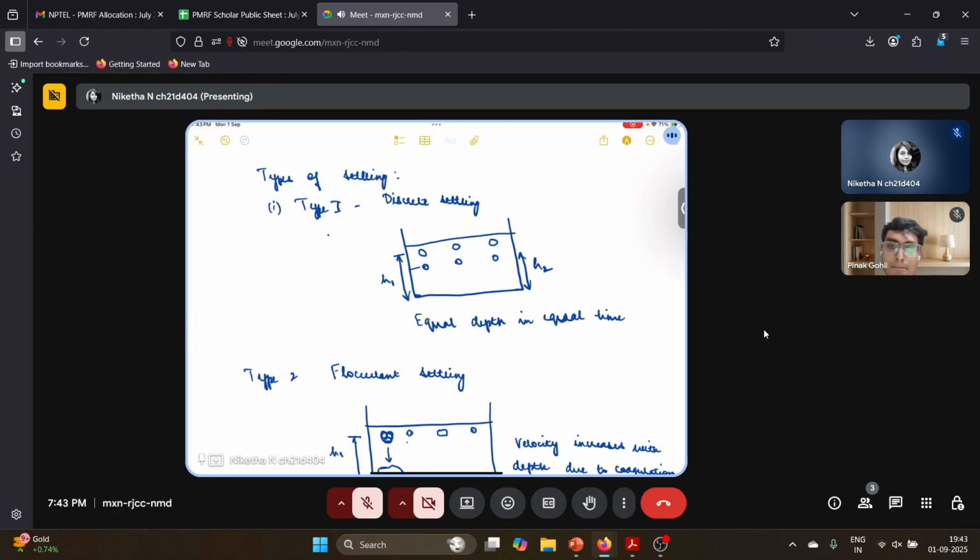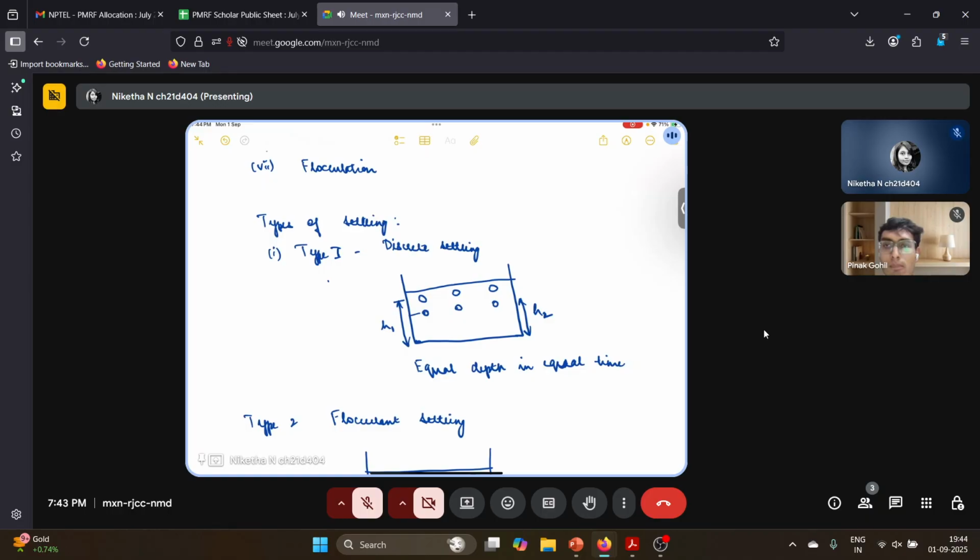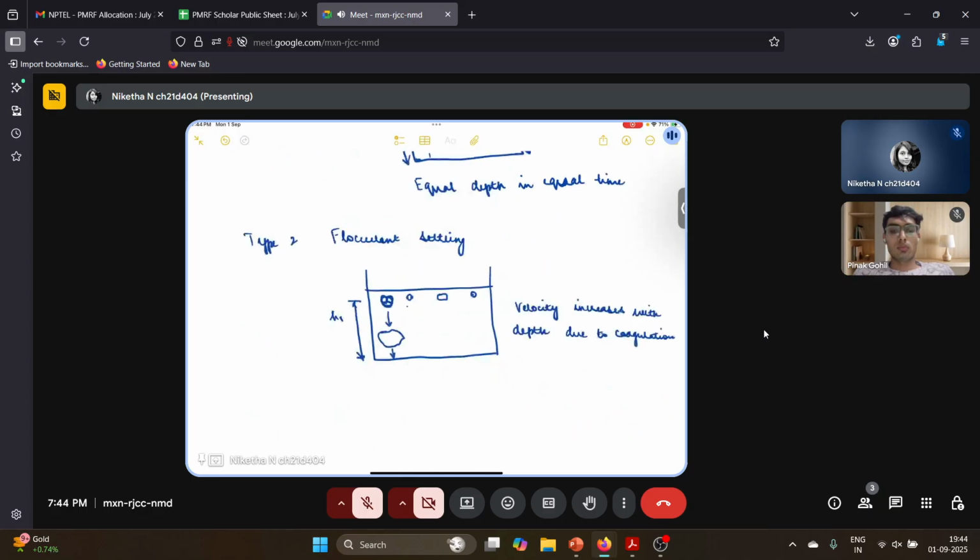Now compare with discrete settling or type 1 settling. Here, all the particles had the same velocity from top to bottom. So if it takes time t1 for some particle at h1 to reach the bottom, then that velocity is going to be the same until it reaches down. But here, the particle was initially small, but as it comes down, it is growing bigger and bigger.